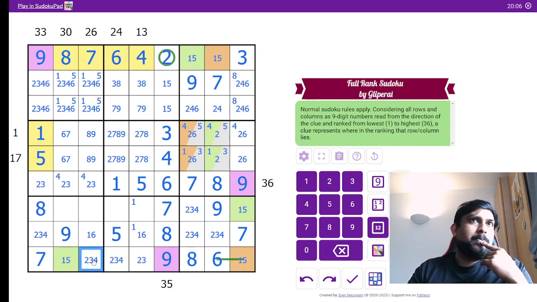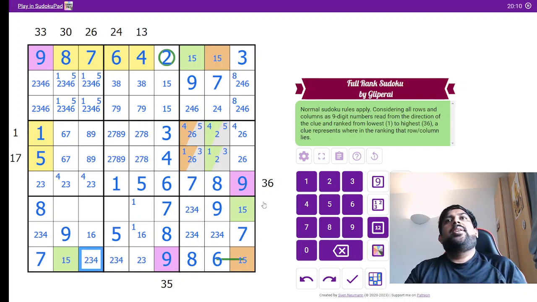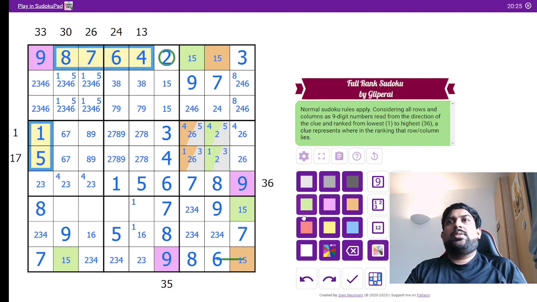Okay. Perfect. Okay, now let's get rid of these yellows.